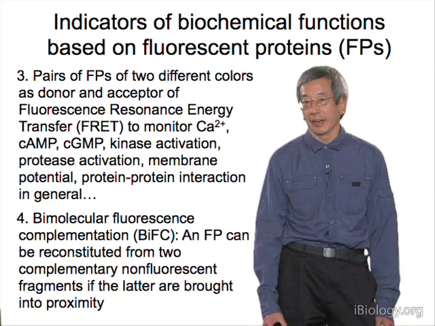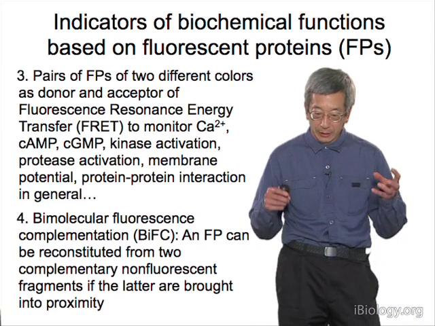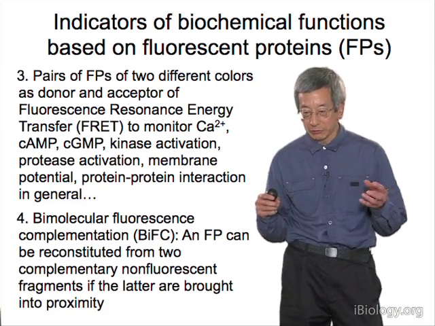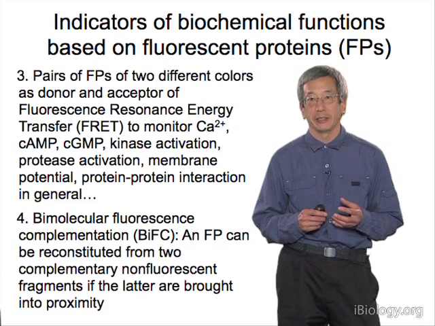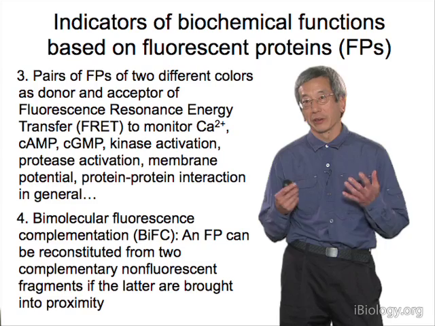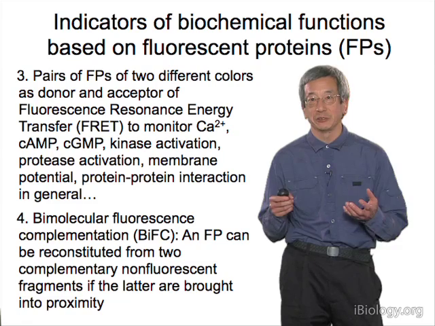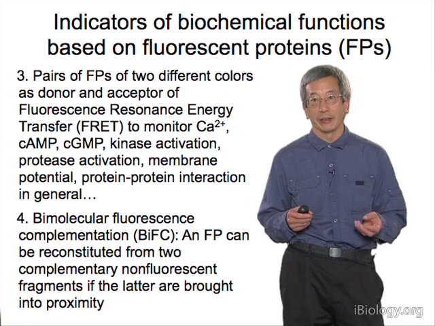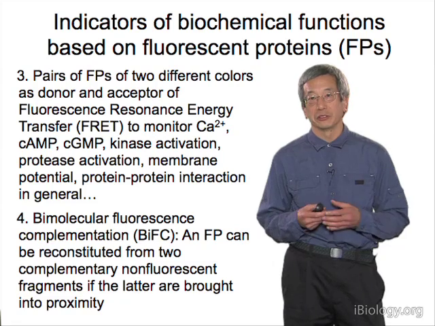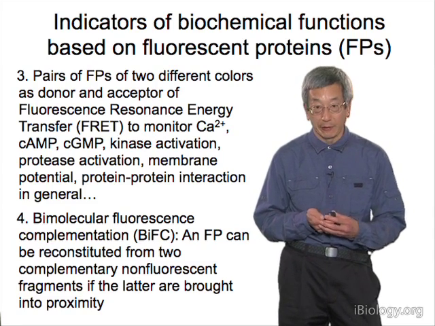But in any case, the efficiency of that energy stealing or energy transfer depends on distance and orientation. And therefore, any biochemical signal that changes the relative distance or orientation between our pair of fluorescent proteins will cause a change in FRET, F-R-E-T.